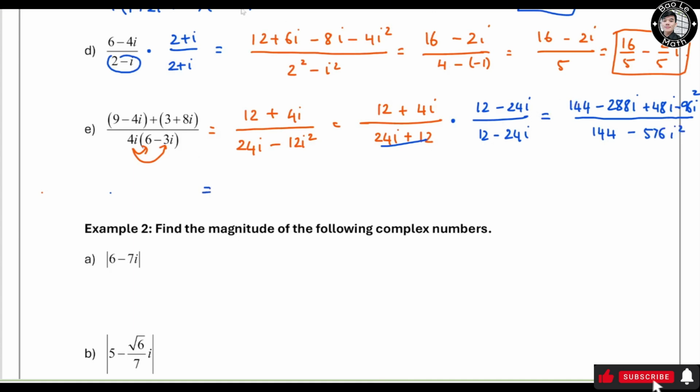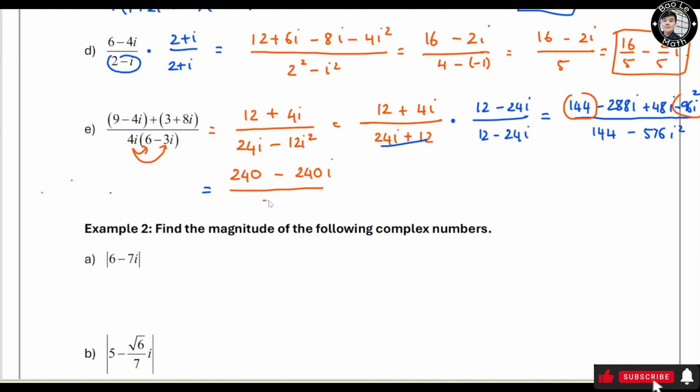Now we're going to simplify. The top becomes 144 plus 96, right? It's going to be 240, right? -288 plus 48 is going to be -240i, divided by, i squared equals -1, so 144 plus 576.